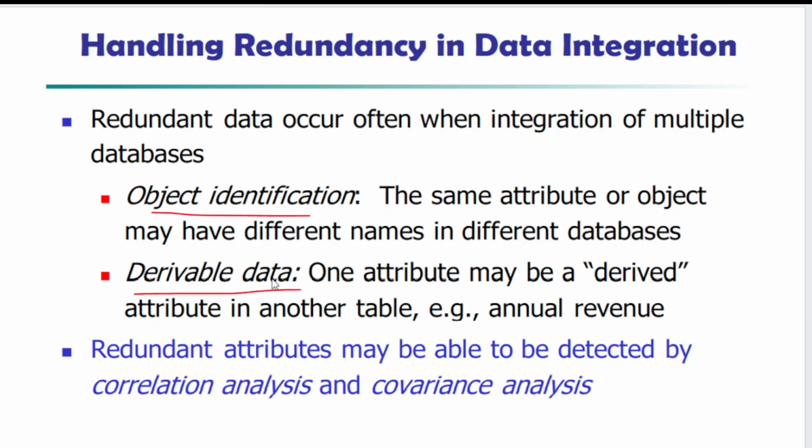And the next one is derivable data. Derivable data means one attribute may be a derived attribute in another table. For example, annual revenue: from one attribute I can derive another attribute. An example is annual revenue income. How do I get my annual revenue income?